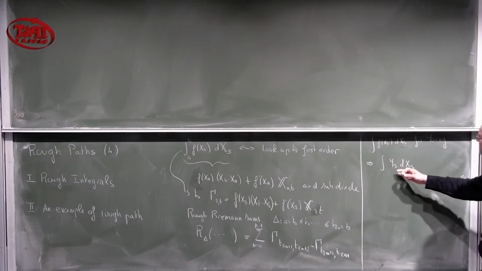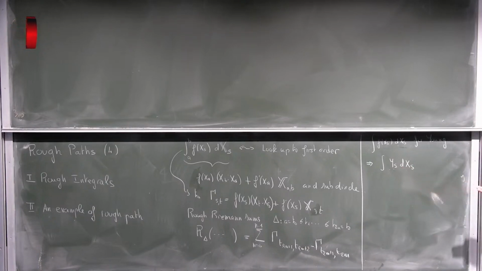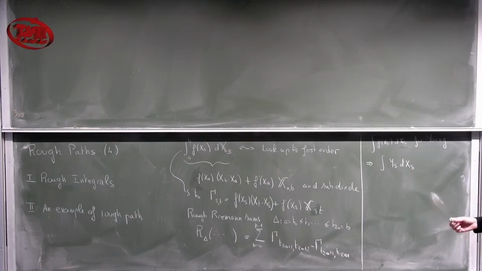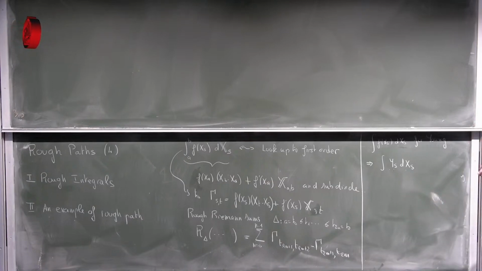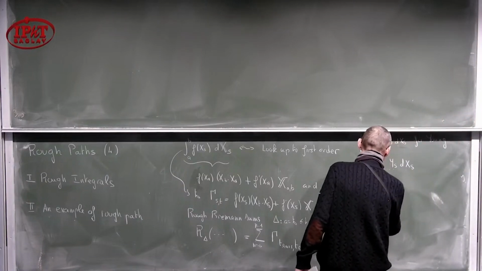But apart from that, the integrand and the integrator were completely independent. And if you think about Brownian motion, for instance, in stochastic integrals, there is a similar situation: you can integrate things which are not at all functionals of Brownian motion, or only in a very indirect way. That's the Ito integral, similarly.